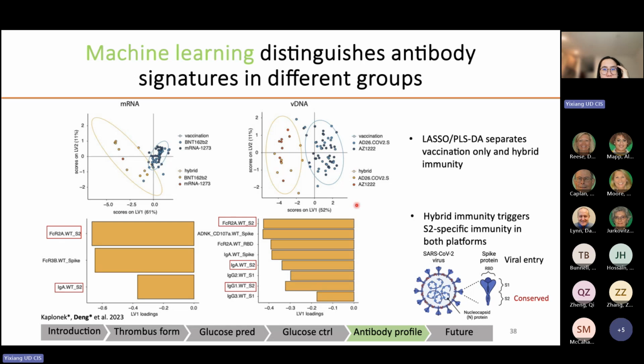What we found is that machine learning is very helpful in distinguishing antibody signatures in different groups. For example, you can see in both platforms, our separation of the vaccination group, denoted by the blue color, and the hybrid group, denoted by the yellow color, is pretty good.